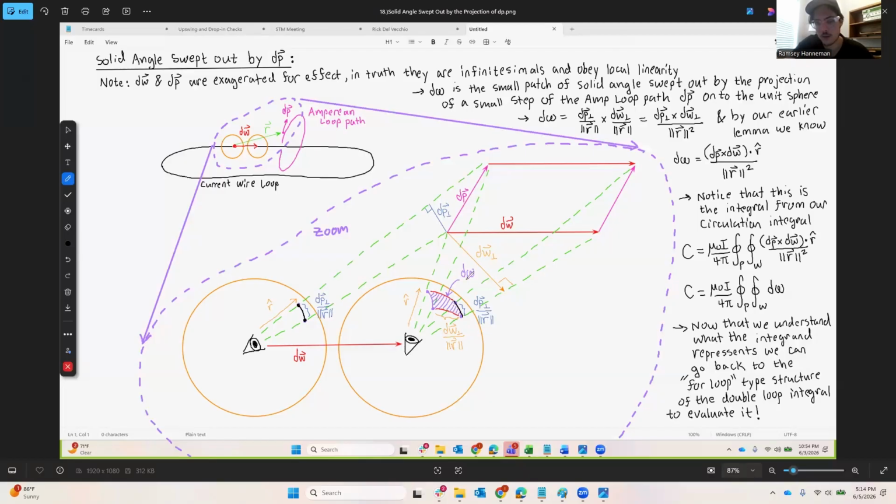Then, to figure out the total solid angle that was swept out by that single dP as you took step dW, we do the same thing. We take the cross product of the apparent lengths and widths. And we end up with this, which by our lemma is equal to this, which is exactly the integrand that we're dealing with.